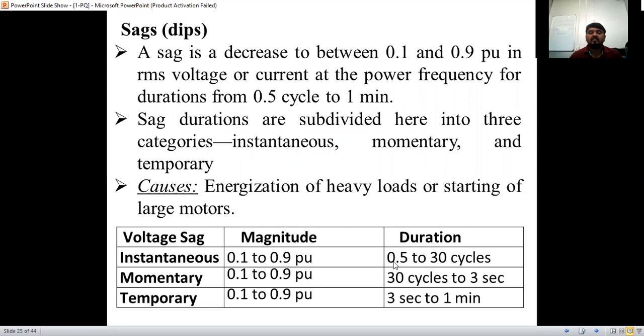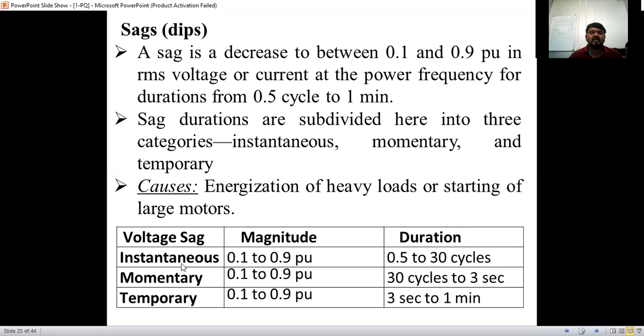If it is from 30 cycles, that is 0.5 seconds, up to 3 seconds, that is called momentary. And from 3 seconds to 1 minute, that is the temporary voltage sag or dip.